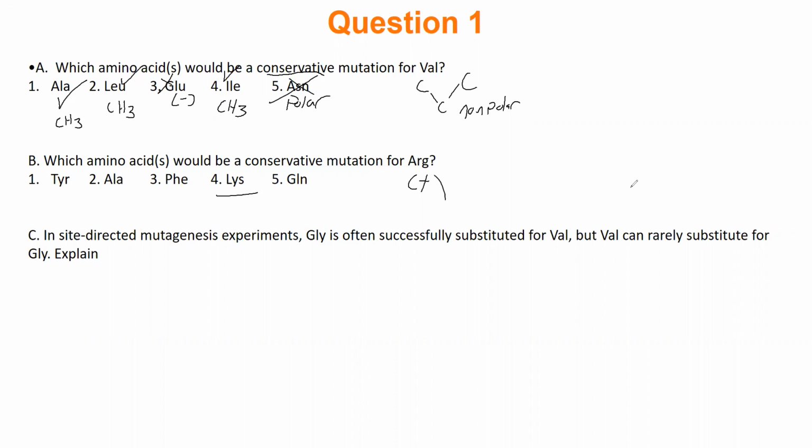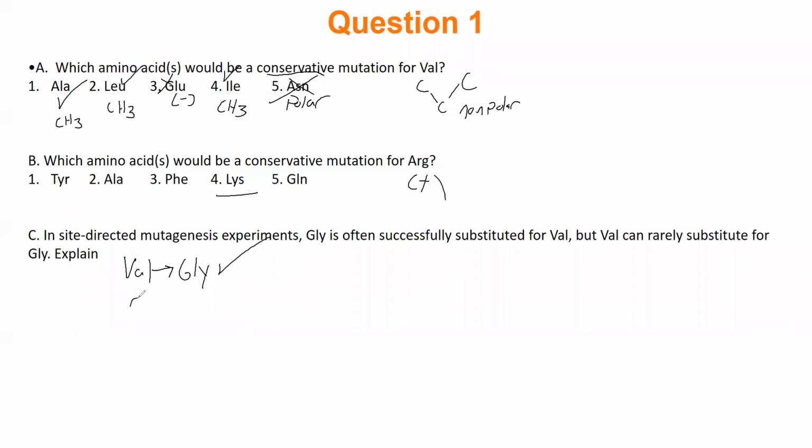In site-directed mutagenesis, we find that you can often replace valine with glycine. So I can mutate valine to glycine, usually no problem. The protein works and it's folded.